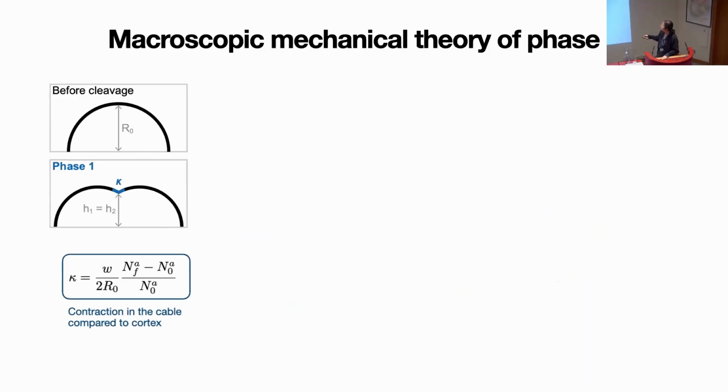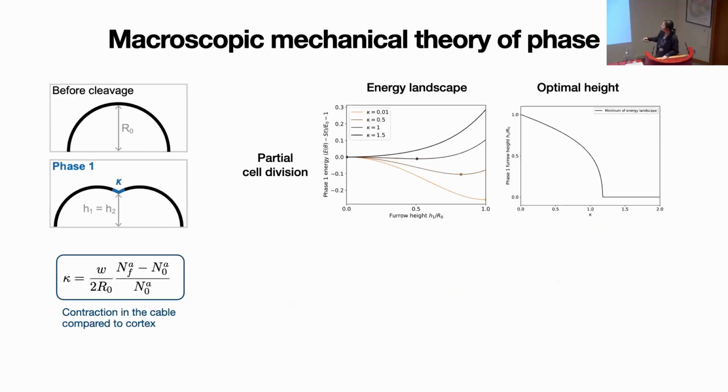When we plotted this energy for different values of kappa, we see that when kappa is extremely small, the cell doesn't do any cell division. The cell is happiest in this state, because without any contractility there's no reason for the cells to divide.